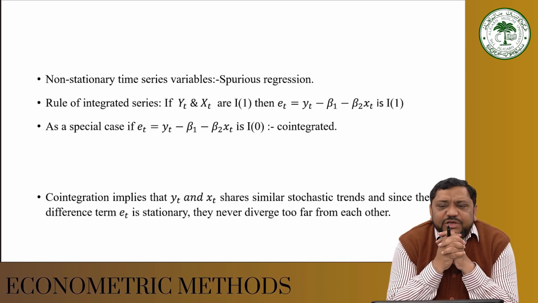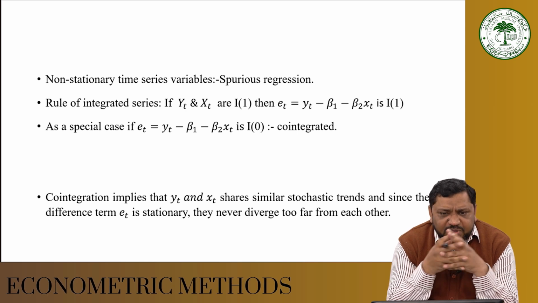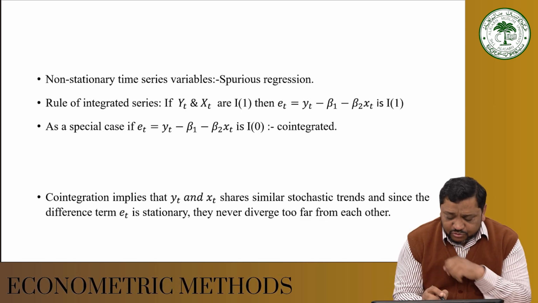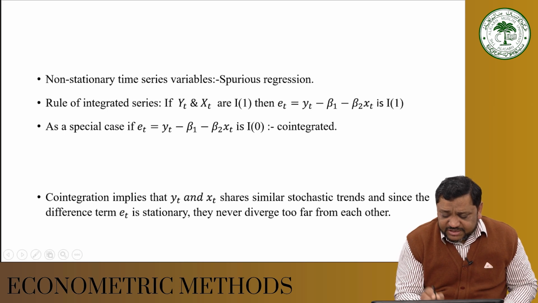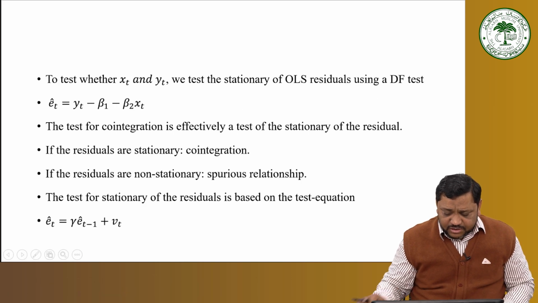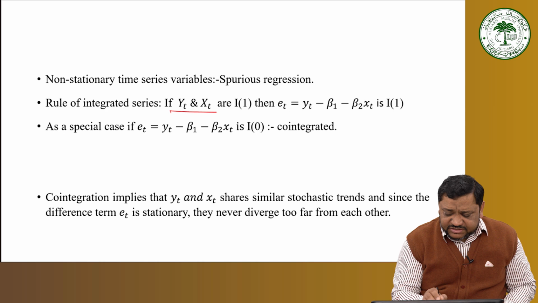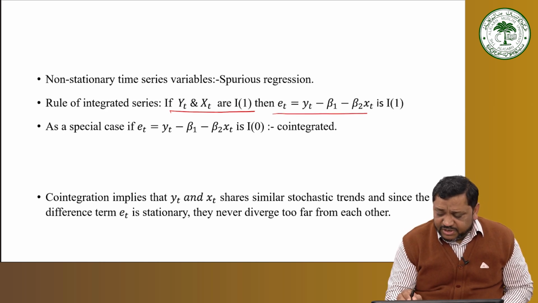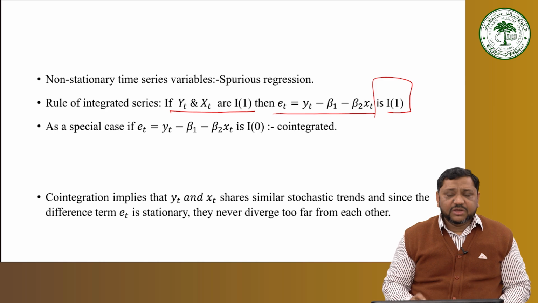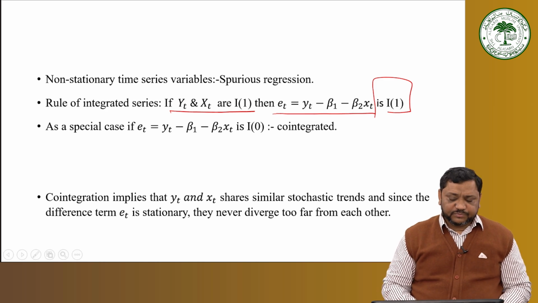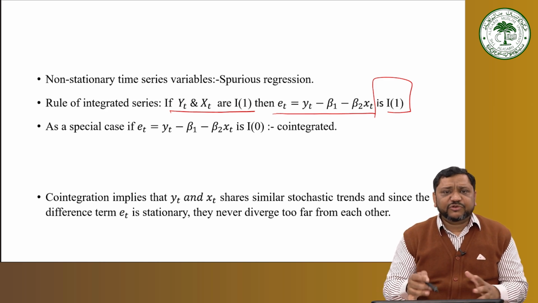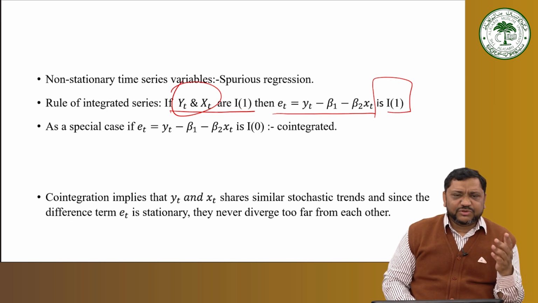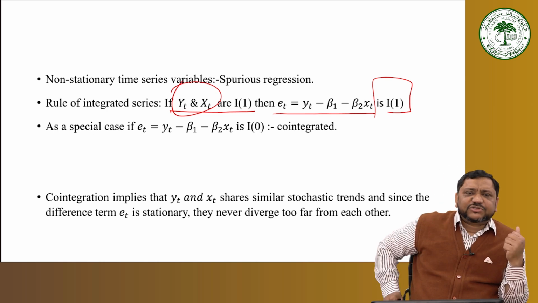We have also seen one of the rules of integrated series: if yt and xt are I1, integrated of first order, then a linear combination of them will also be I1. A linear combination means a combination which we can make using these two values.